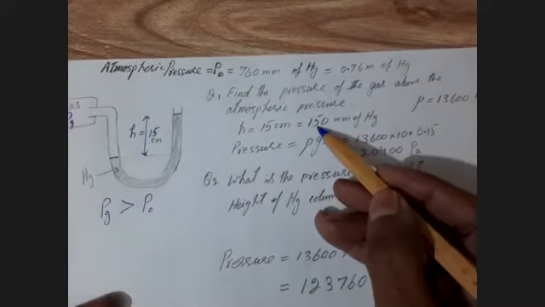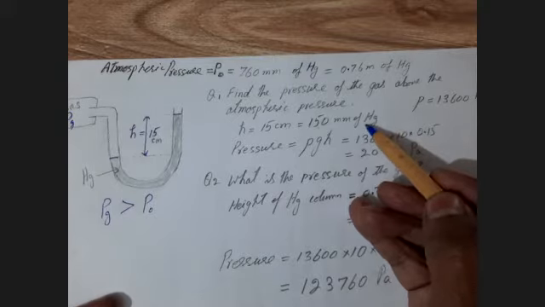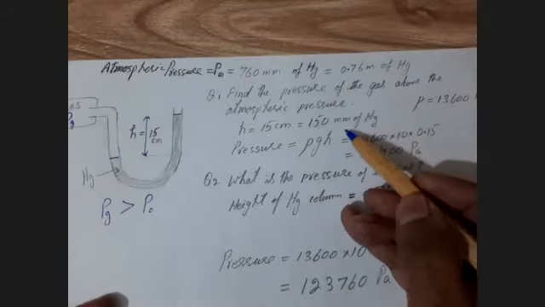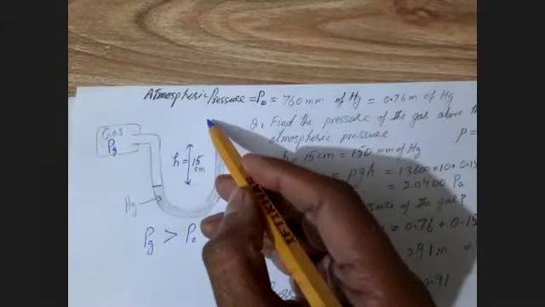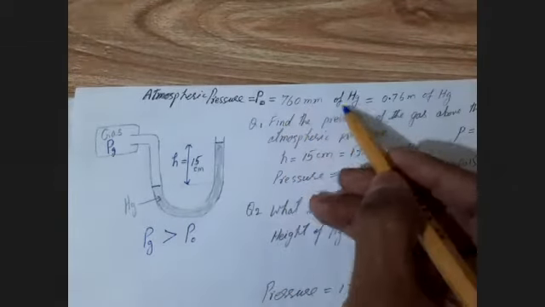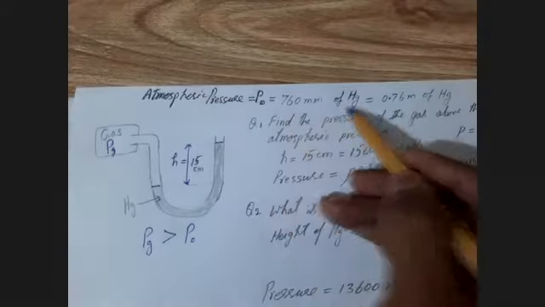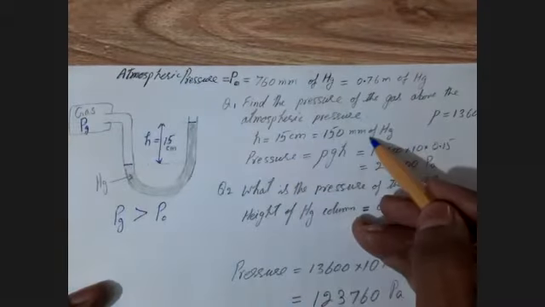So in terms of millimeter of Hg, like you tell the atmospheric pressure in terms of millimeter of Hg in the case of the barometer, like I told you that the atmospheric pressure at sea level is 760 millimeter of Hg. In the same way, you can also tell that this pressure of the gas above the atmospheric pressure is 150 millimeter of Hg.